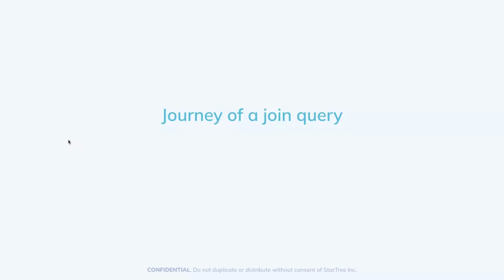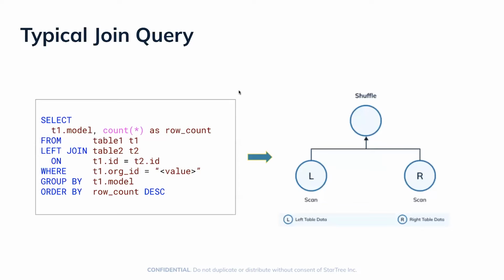I think this is the more interesting part where a lot of the users will be able to see the benefit. So let's use a very typical join query example. We have two tables. They are both indexed by ID, for example, transactional IDs or custom IDs, stuff like that. What I want to figure out is how many models from the first table, with a row count, come with join results that correctly match from the other table.